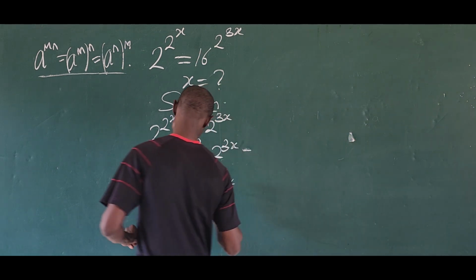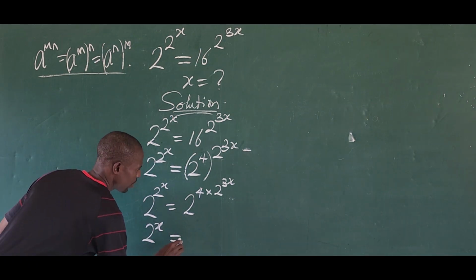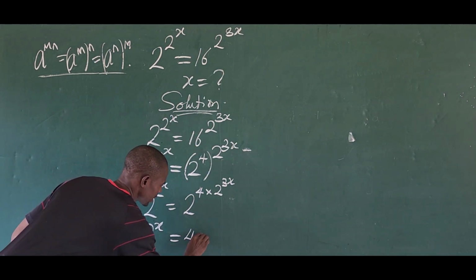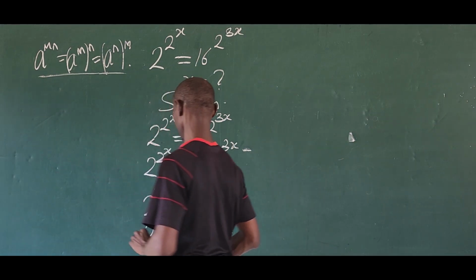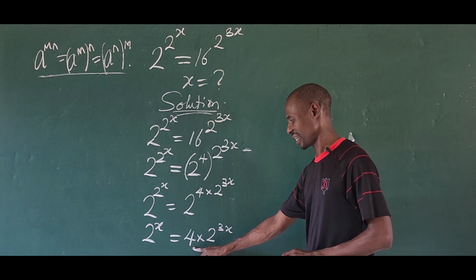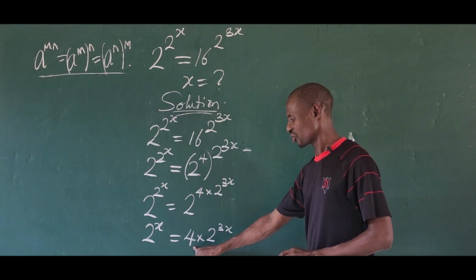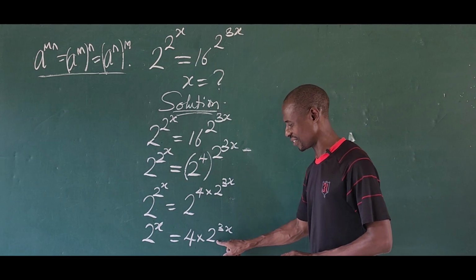So if we equate the two powers, we have 2 to the power of x equal to 4 times 2 to the power of 3x. Good. Look at this 4 here now. This 4 can also be expressed in base 2 because we have 2 here.